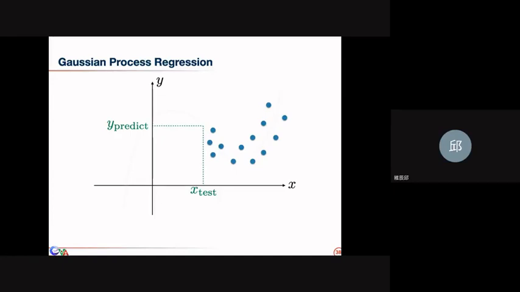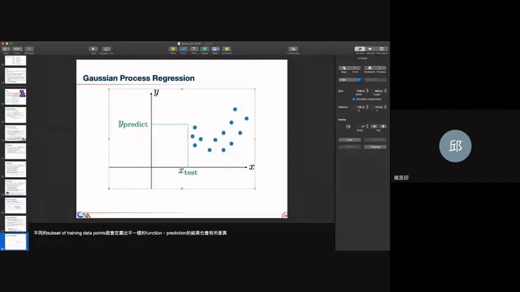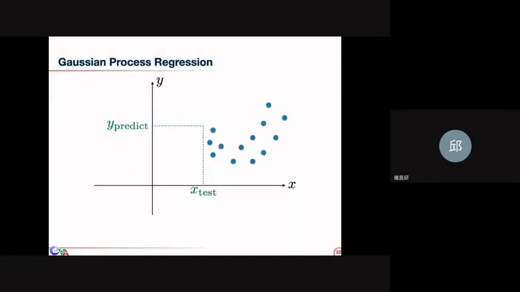If I provide you such training data points, and then I ask you what is the possible y given this x test, I might imagine that there could be a curve like this. So given this x test, I would expect that the y should be somewhere here.